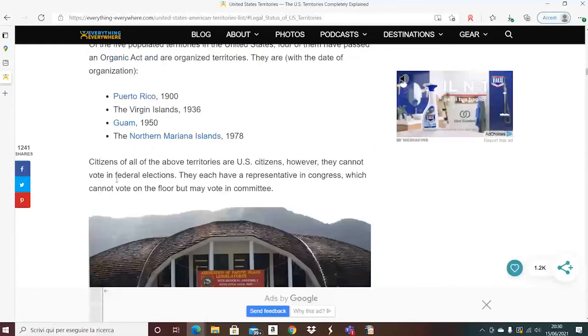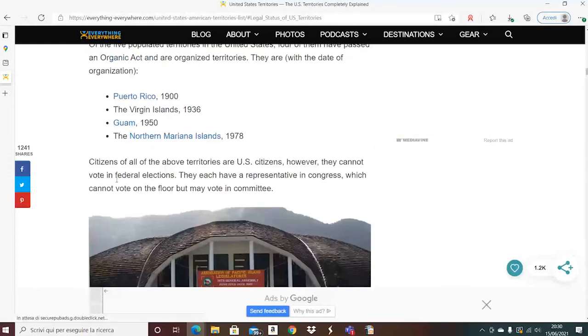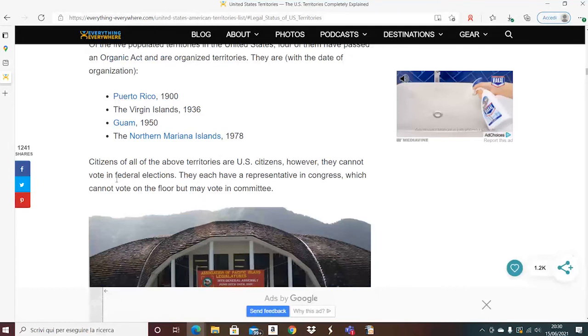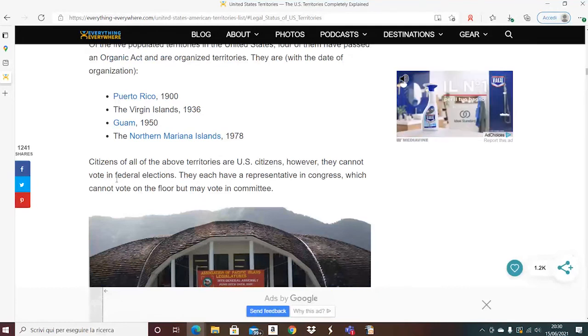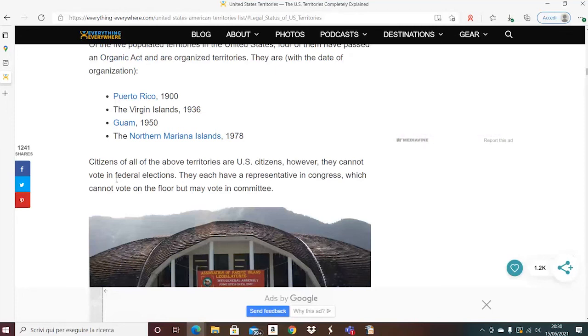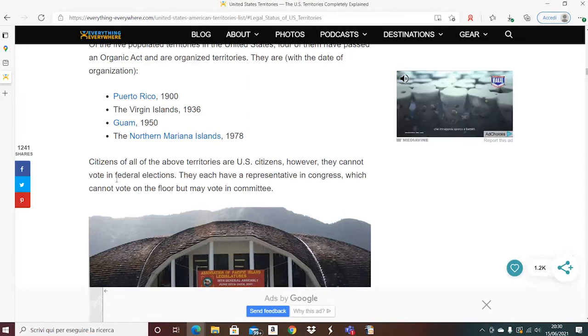And what about Puerto Rico? Is an island in the Pacific, no? No, it's in the Caribbean. It's not far from the Dominican Republic.